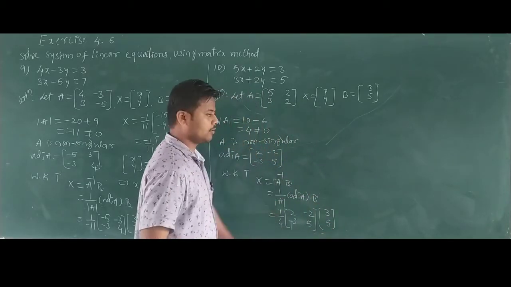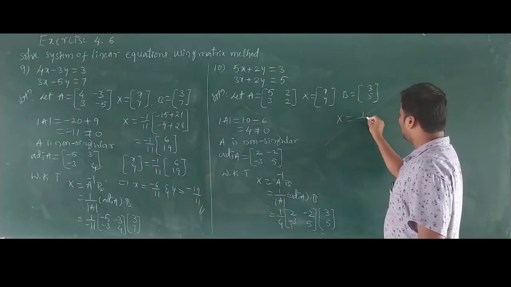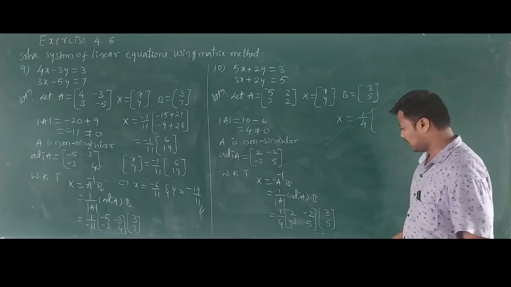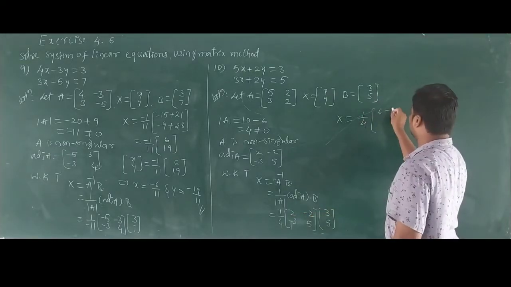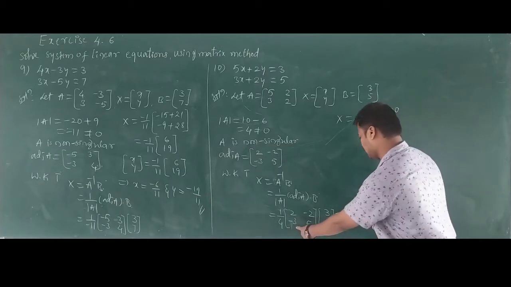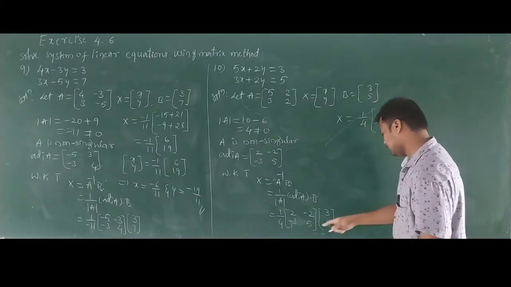Okay. Multiply. X equals 1 by 4 into: 3 into 2, 6, minus 10. Next one, minus 9 plus 25.